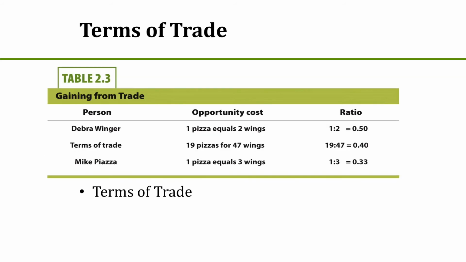So how did I come up with these numbers? I know that the opportunity cost of one pizza for Deborah is 2 wings. And for Mike, it is 3 wings. I'm sorry, 1 pizza equals 3 wings. So basically, I have to pick a number between these two values. So the terms of trade was 19 pizzas for 47 wings.